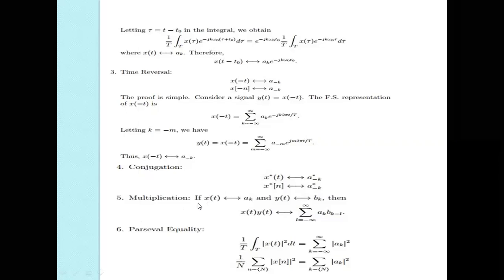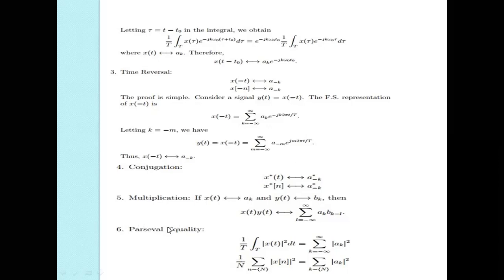And multiplication: x of t has a of k, y of t has b of k. Multiplying here means convolution. The convolution is the sum over k equal to minus infinity to infinity of a of k, b of n minus k, or k minus t, because it is a continuous time function.